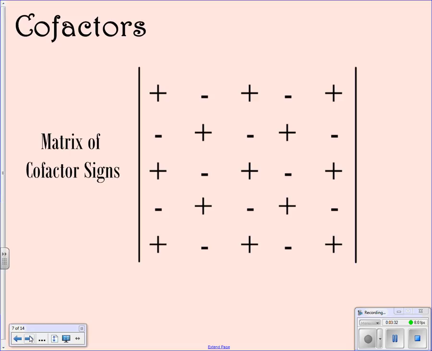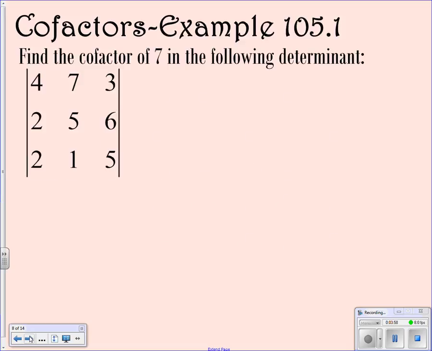Makes me think of snow, especially during the winter. But basically, you start with the top left as a positive, and then you alternate positive, negative, and so you would just keep going if you had a bigger matrix, which we're not going to this year, but that's what you would do. Positive on the top left, and then you just continue to alternate.